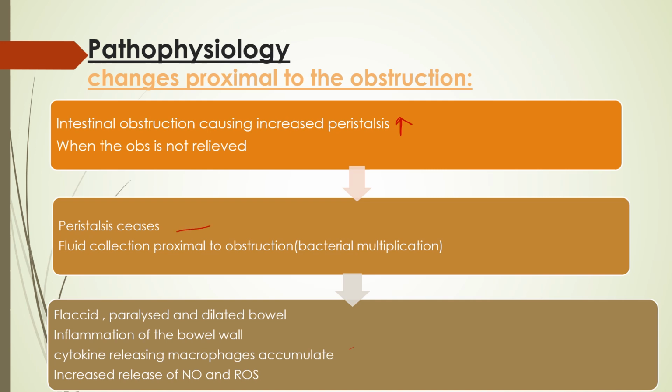The fluid proximal to the obstruction accumulates and collects, in which the bacteria multiply. This results in a flaccid, paralyzed, and dilated bowel due to the inflammation of the bowel wall. Whenever there is inflammation, we all know that macrophages accumulate and they release cytokines. To further aid this process, there is an increased release of nitric oxide and reactive oxygen species.